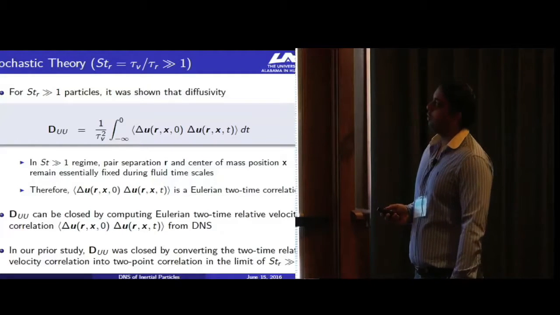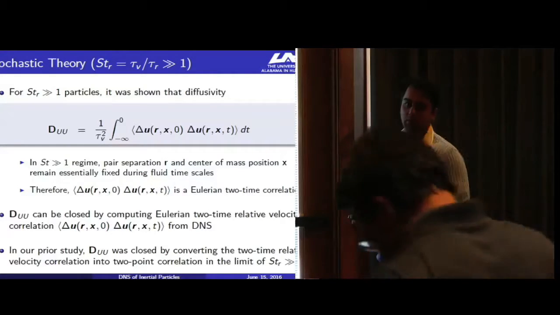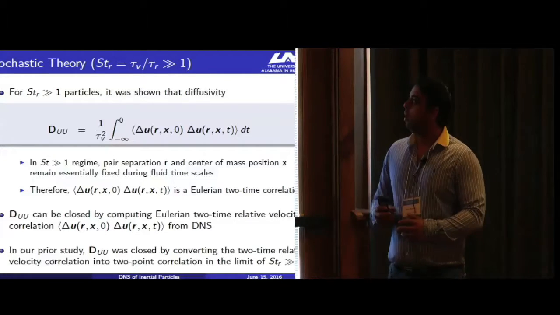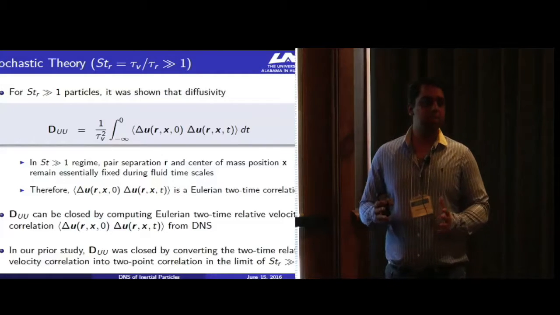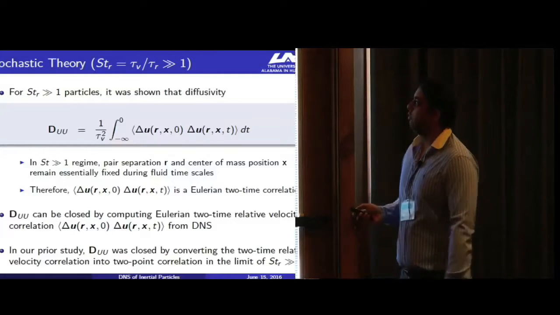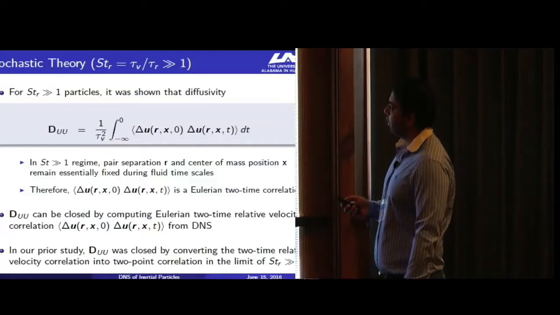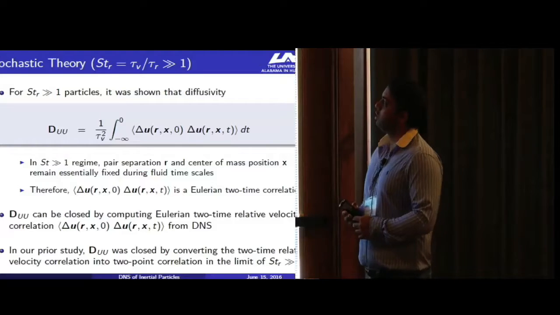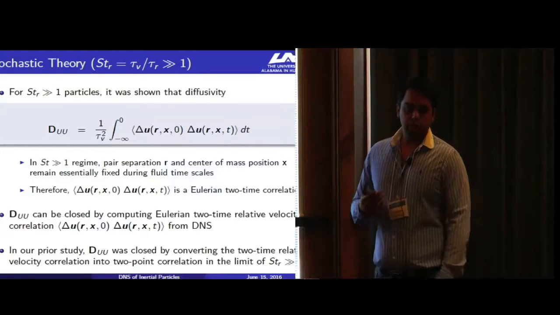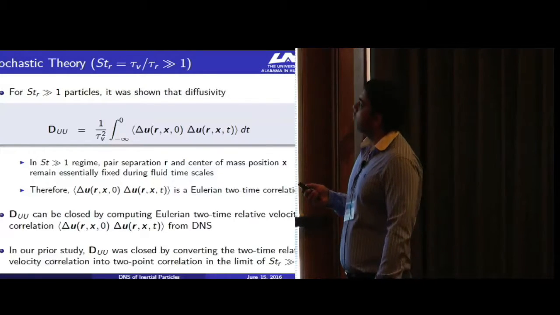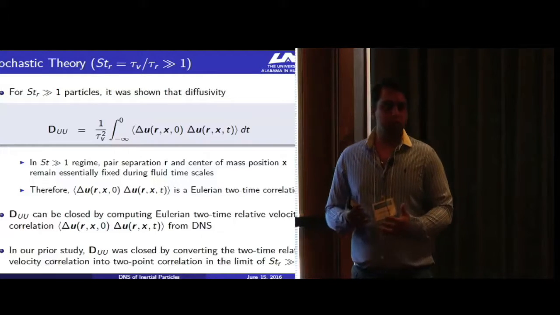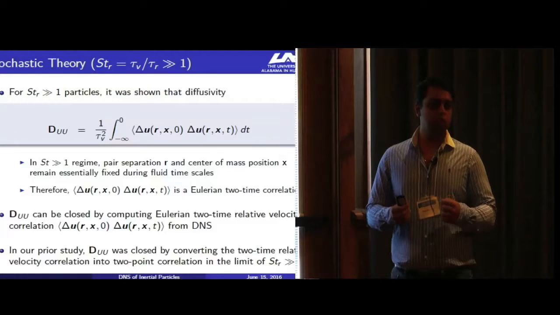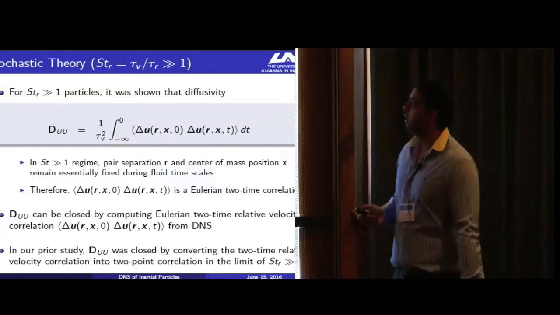And for the limit of St_r much greater than 1 particles, where St_r is a Stokes number based on the time scale of eddies whose size scales with particle pair separation r, it is given by this expression, where this is the Eulerian 2-time correlation of fluid relative velocity at particle position, where delta u is also known as the seen fluid velocity, or in simpler terms, the fluid velocity at the particle pair locations.